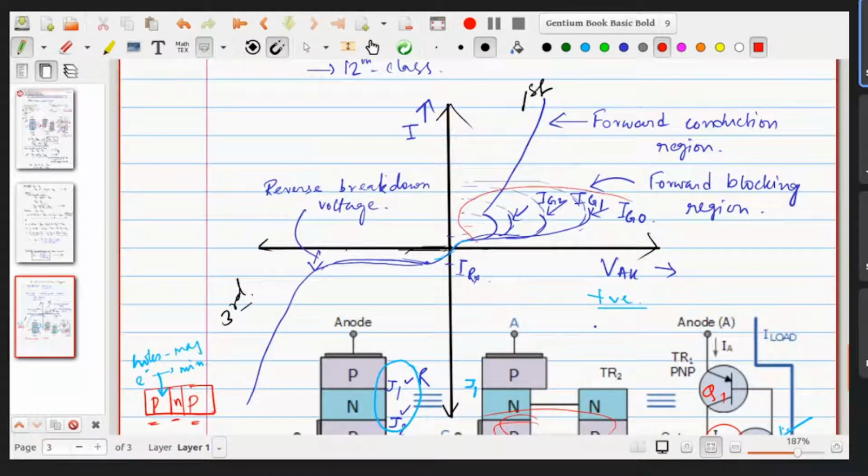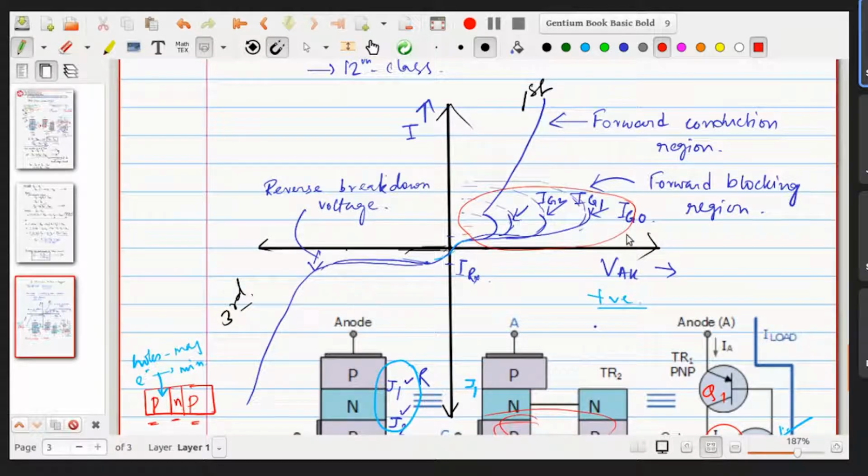So this is the state: as we are increasing slowly, at a certain point there is that blocking region, you are increasing, but still at that point it is not able to reach the threshold point. So there is a point on that curve, a point of that drop over here. This is the gate current that we are observing.